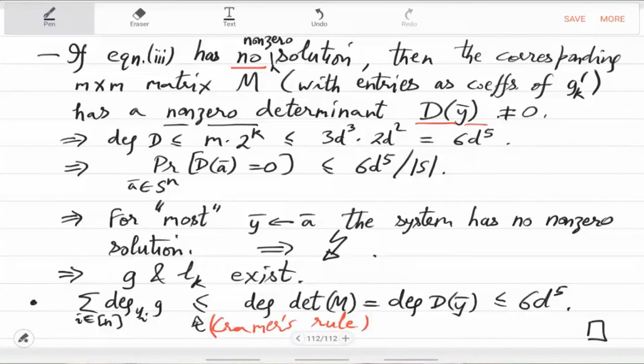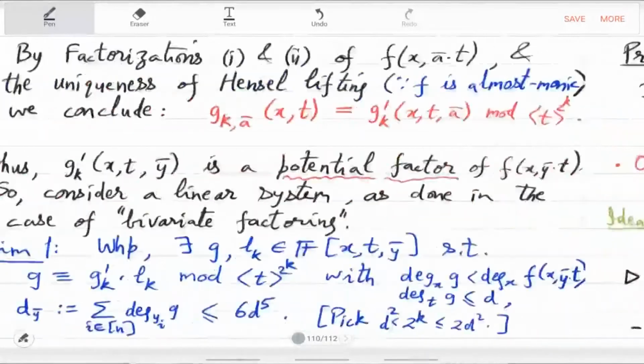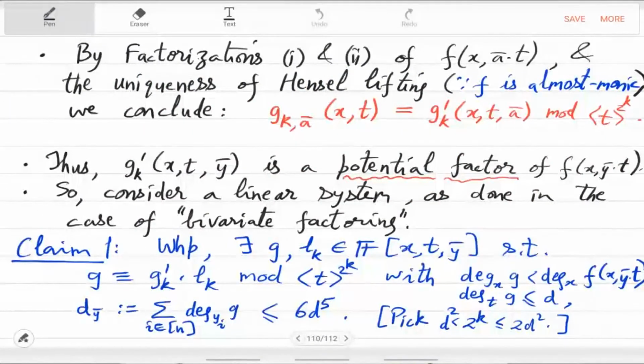So what we have shown is that claim 1, which says that G and Lk will exist, holds with restricted degree. And the hypothesis was that F is factoring for most of the y bars equal to a bar setting.